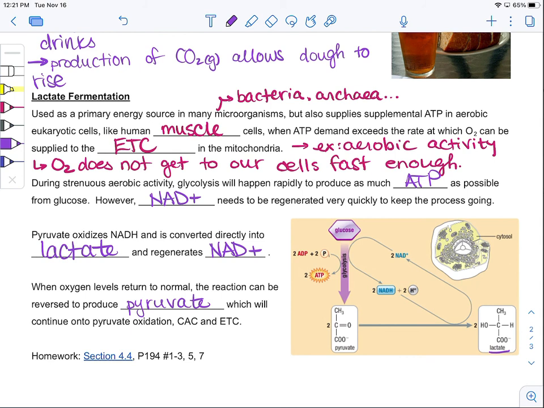One thing I'll mention about this one, because if you're Googling it or reading up on it, occasionally instead of seeing this as lactate, you will see this called lactic acid. The reason for that is that if you notice there's that carboxyl group at the bottom, that COO minus. Remember from earlier in the course, we said carboxyl is unique in that it could actually gain a proton or lose a proton.